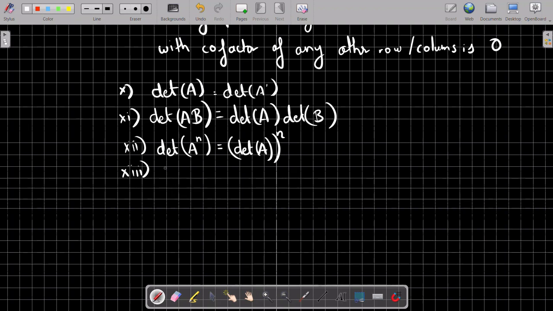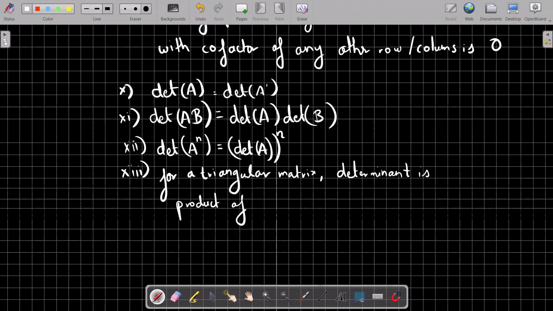So in the case of an upper or lower triangular matrix, the determinant is the product of the principal diagonal elements. Simple. So these are the properties of the determinant of a matrix.